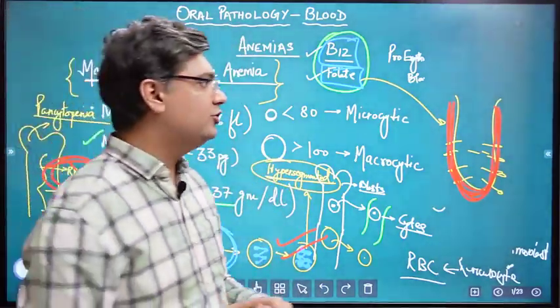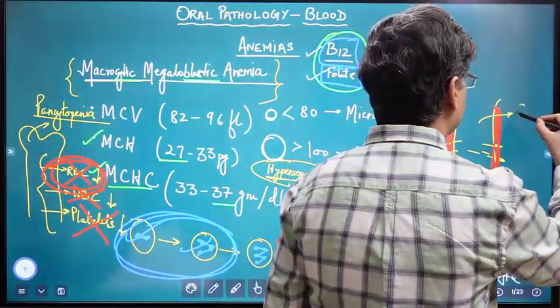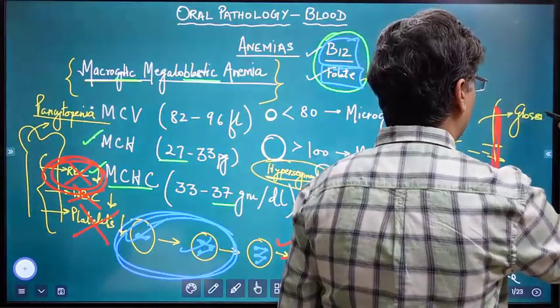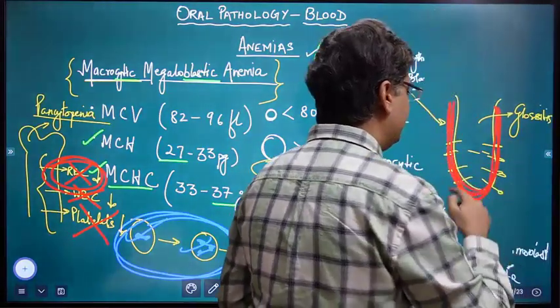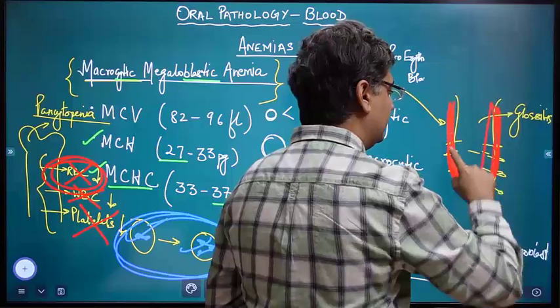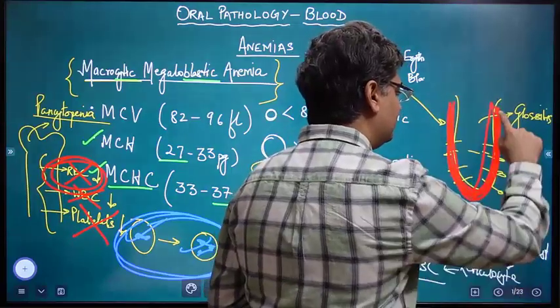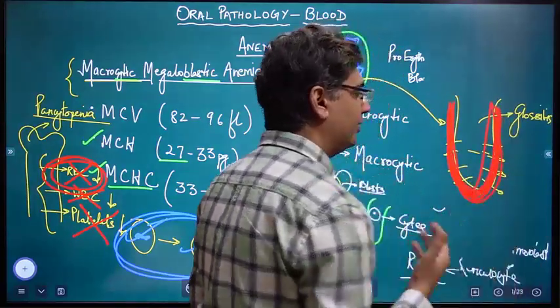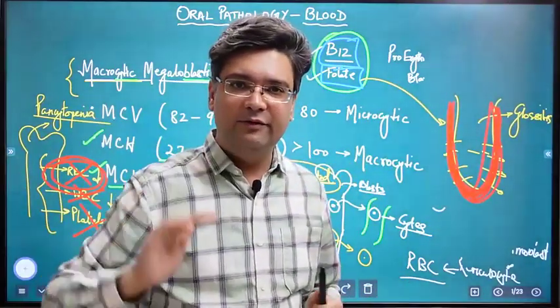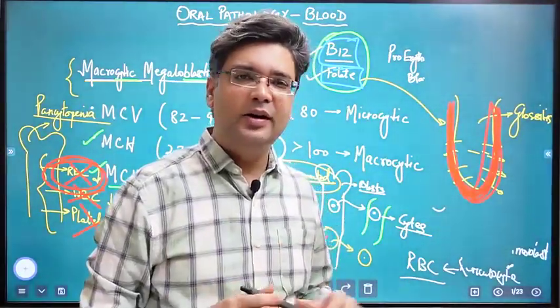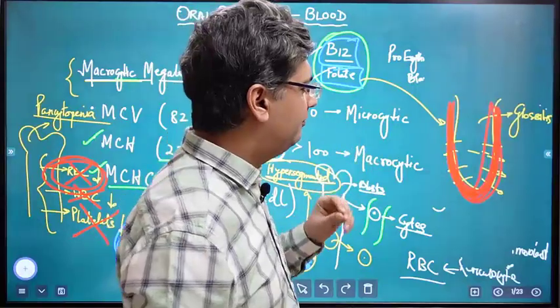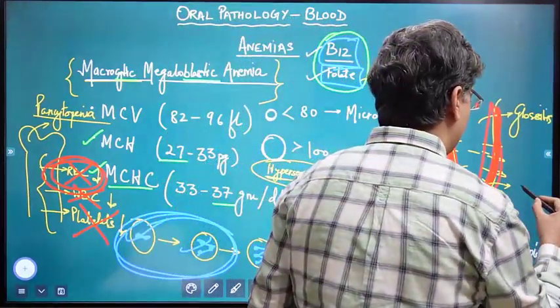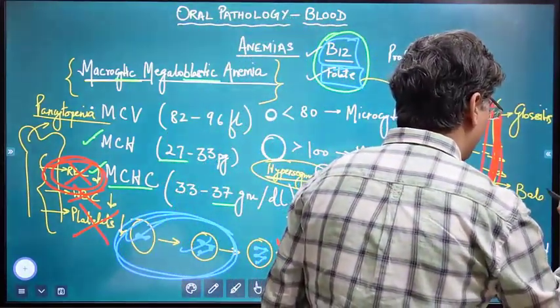So what is this condition called? This is called glossitis. And when the papillae are shed off, the tongue generally becomes smoother. Without any papillae, the wavy formation of the tongue would be gone. The tongue would become very, very smooth and very, very bald.